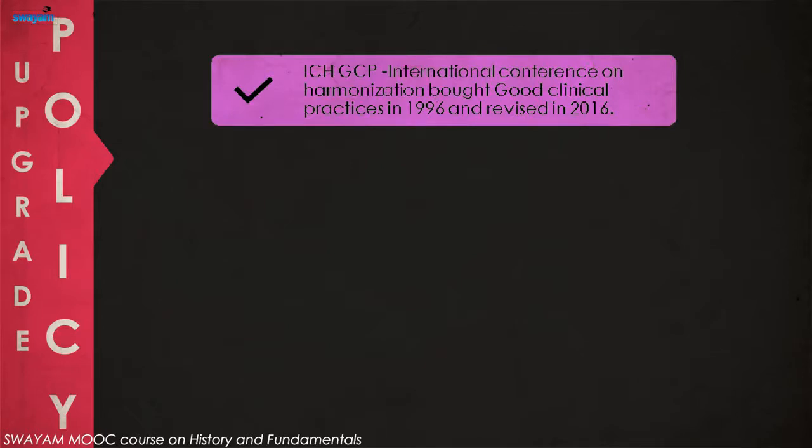When I say it got revised after 20 years, you can see how concisely and precisely those guidelines were written and brought into practice, which held true for the last 20 years in clinical research.